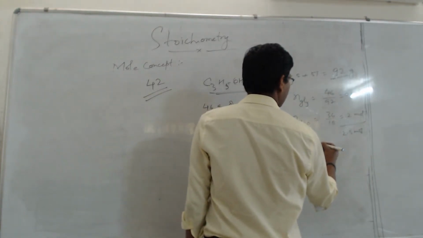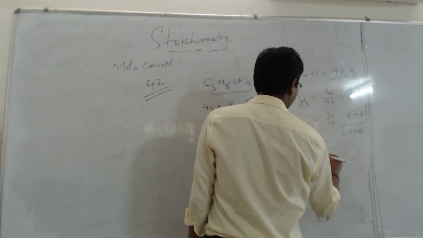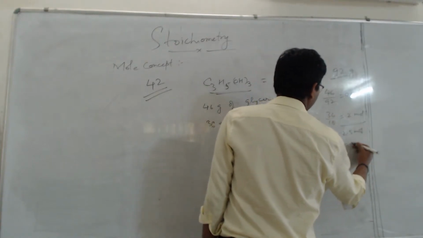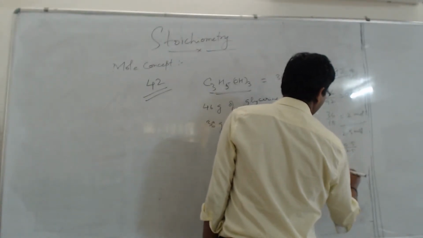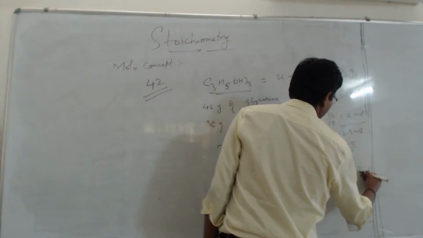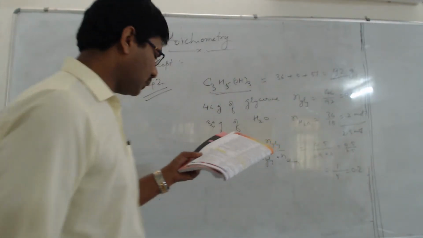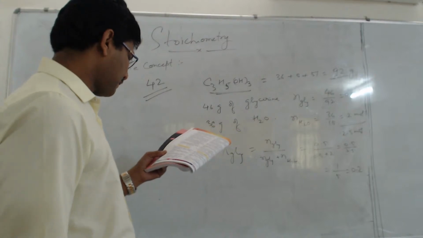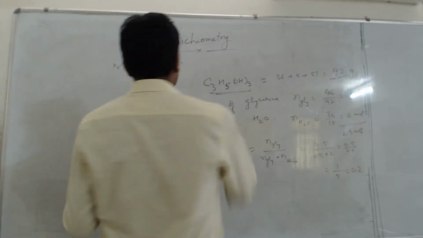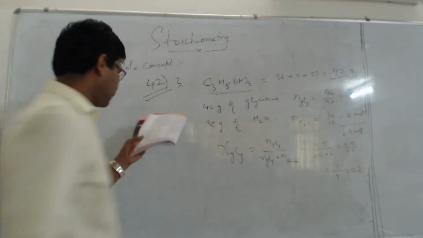So it is 0.5 upon 0.5 plus 2, that is 0.5 by 2.5, that is 1 by 5, that is 0.2. So the mole fraction of glycerine is 0.2. Third is the correct answer for question 42.